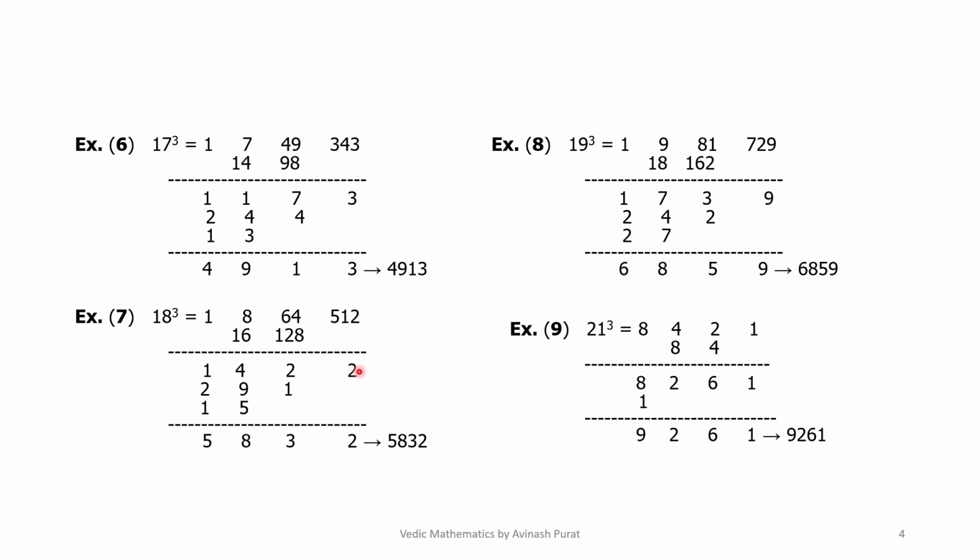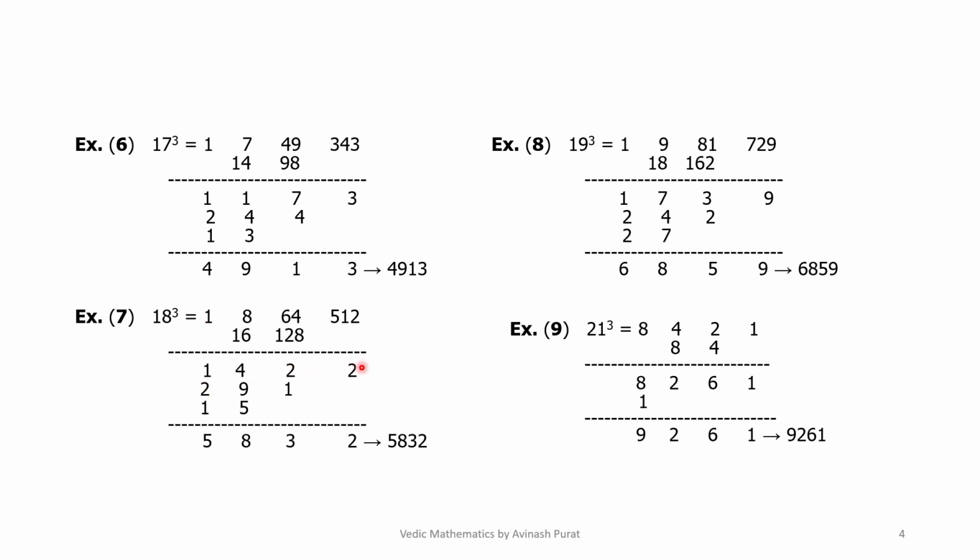512, 2 is taken down, 1 is taken to the left and 5 is taken further to the left. 64 plus 128 is 192. 2 is taken down, 9 is taken to the left and 1 is further to the left. 8 plus 16 is 24. 4 is taken down, 2 is taken to the left and 1 is taken down.